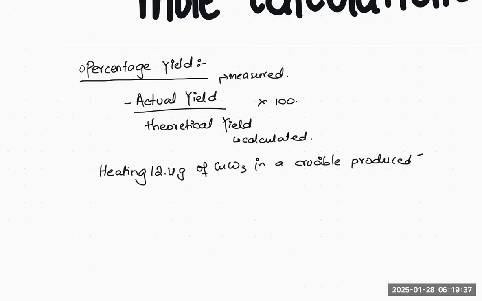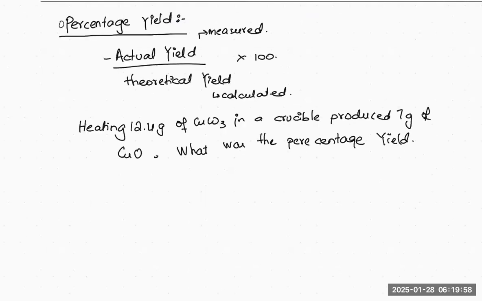What was the percentage yield? Now, for us to calculate, you can see that over here, the 7 grams that the examiners have given is the actual yield. This is the yield of copper oxide that we actually got when we performed the experiment.